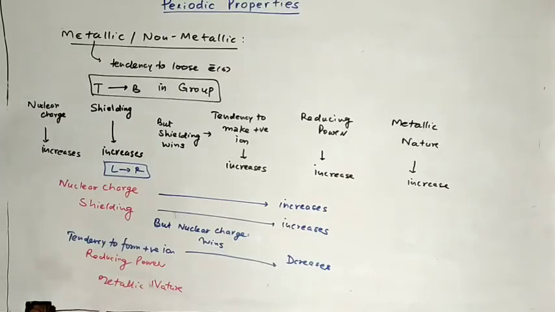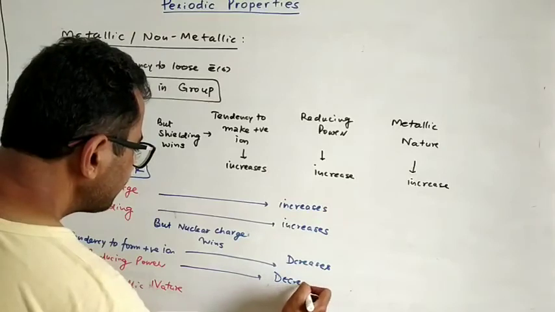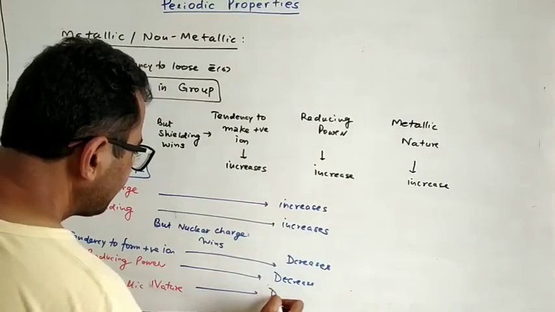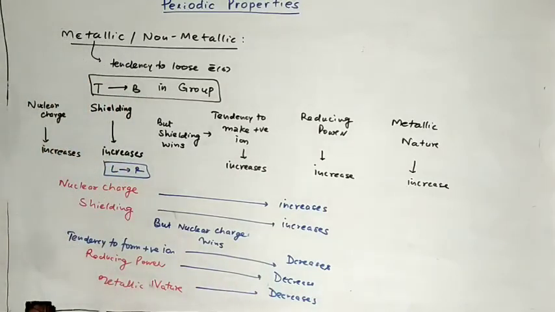Reducing power decreases, and metallic character also decreases. So this is all about the metallic and non-metallic character in the periodic table.